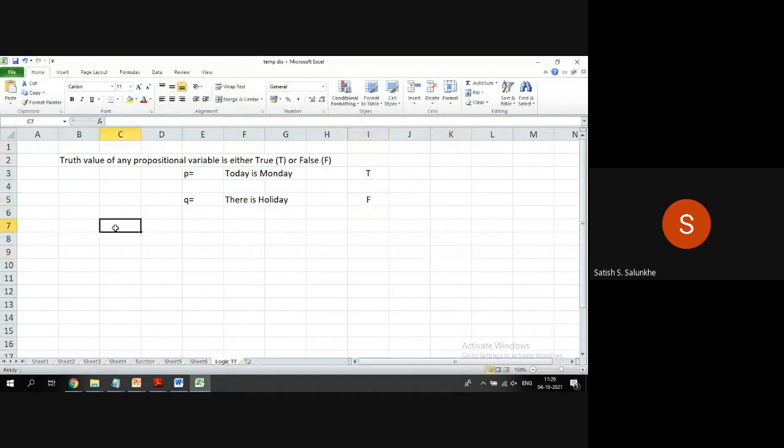So now we are discussing one by one each operator. The first operator is negation, also called the complement operation, and it is denoted by a symbol.